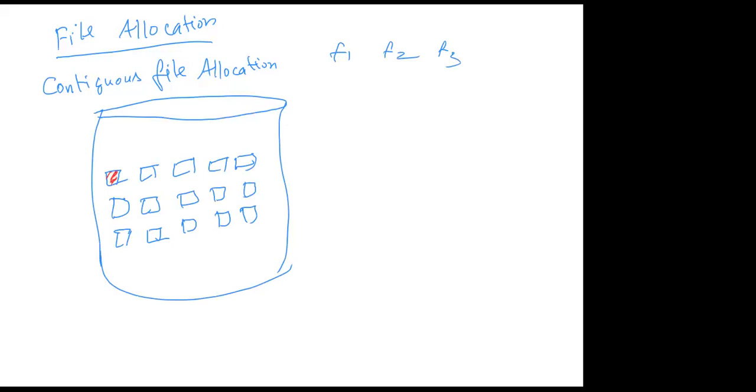F1 is stored in this block and this block. Next is F2. Let's say F2 is stored in here, and here. And let's say file F3 is stored in some location in here. So these all are contiguous locations, contiguous file blocks in here.